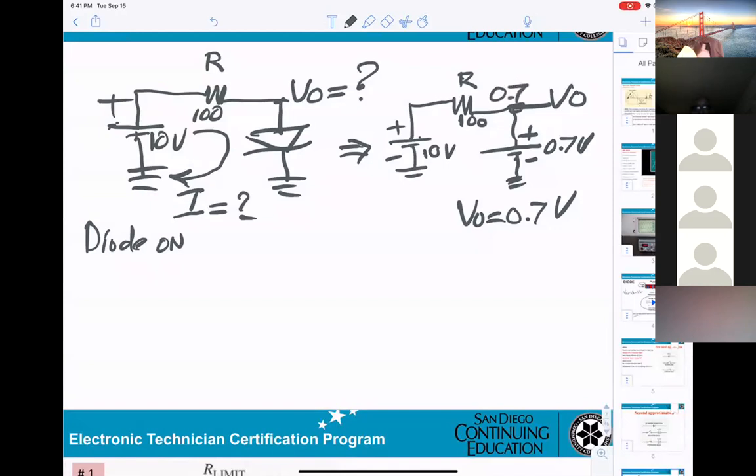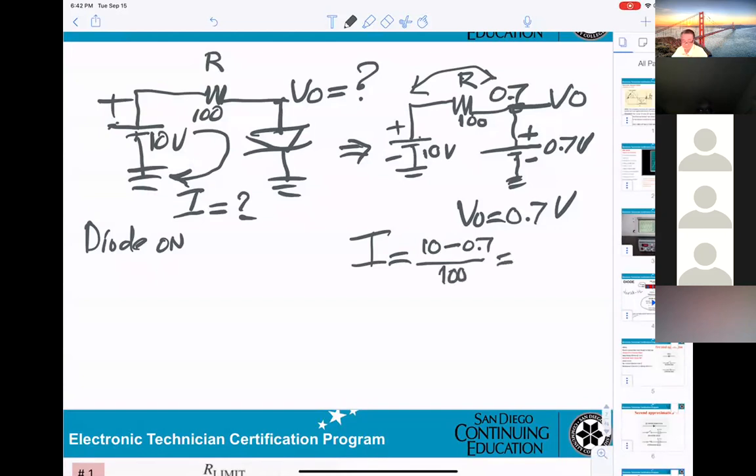So you want to calculate the current I. I will be the voltage difference here, divided by the resistor. 10 minus 0.7, divided by 100.